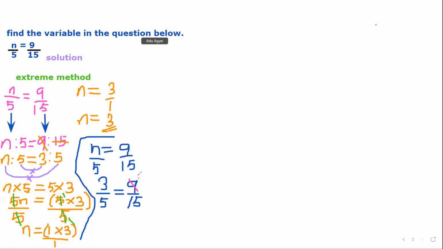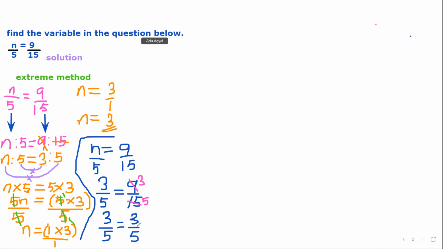3 goes here, 3, 3 goes here, 5. Now we have 3 over 5 here is equal to 3 over 5 here. Okay, good. So you can see that the fractions here are the same.